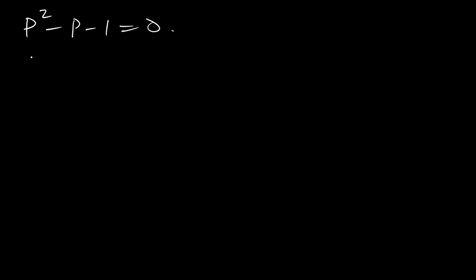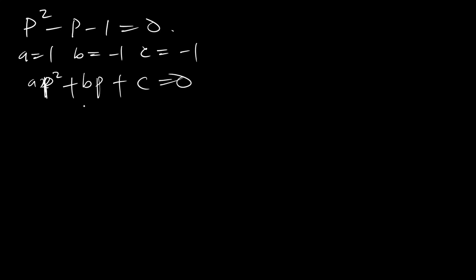So using the quadratic formula, you have a equal to 1, b equal to minus 1, c equal to minus 1. That is from ap squared plus bp plus c equal to 0.